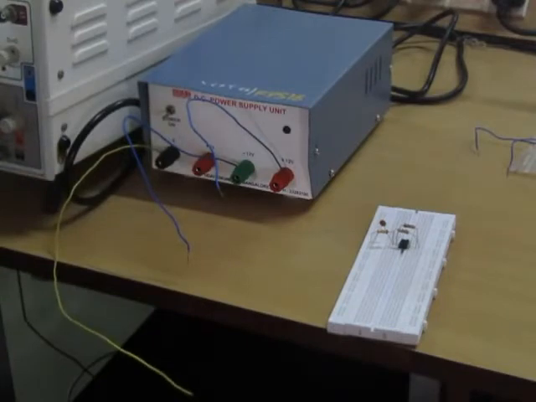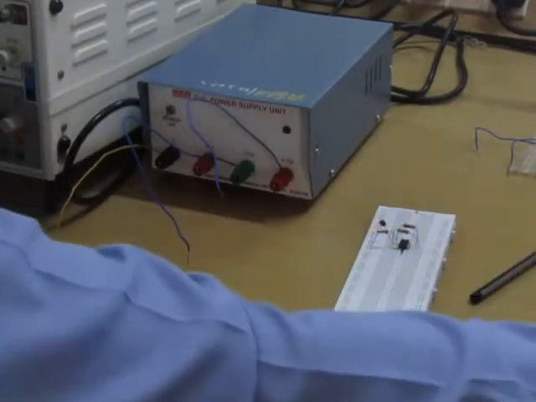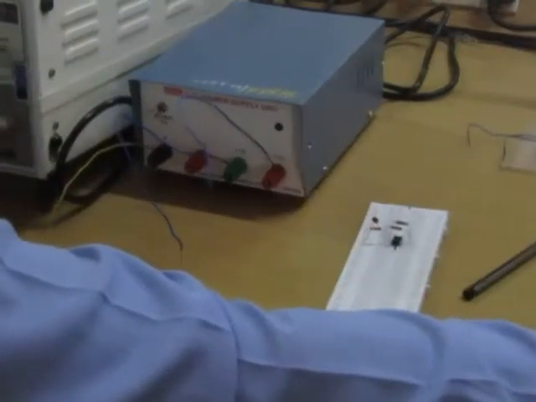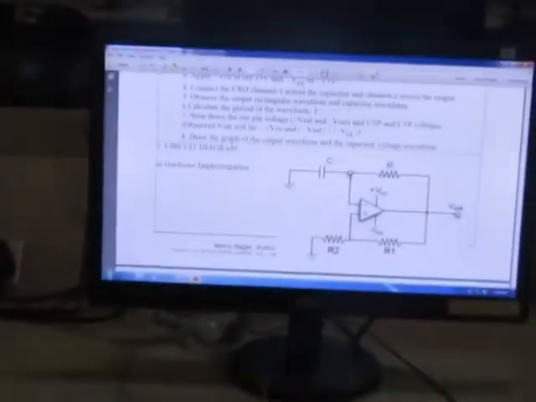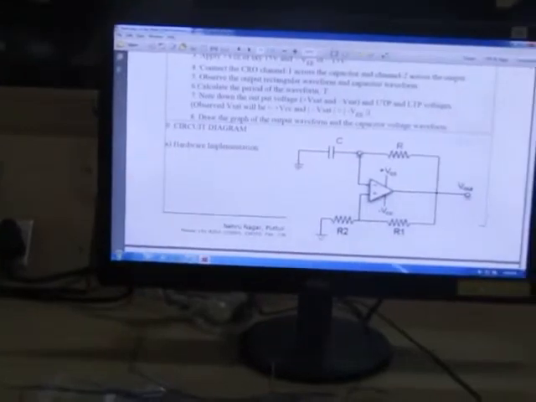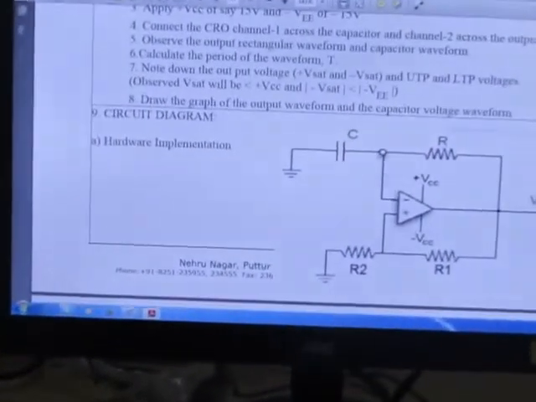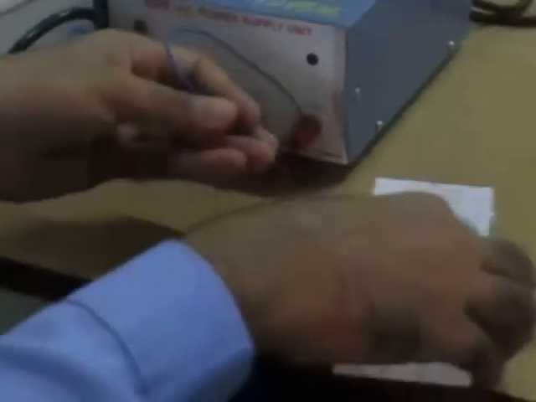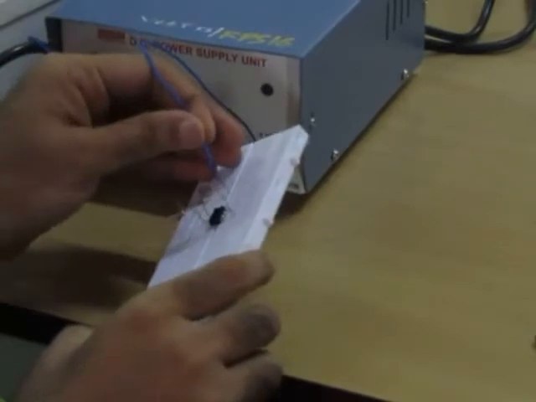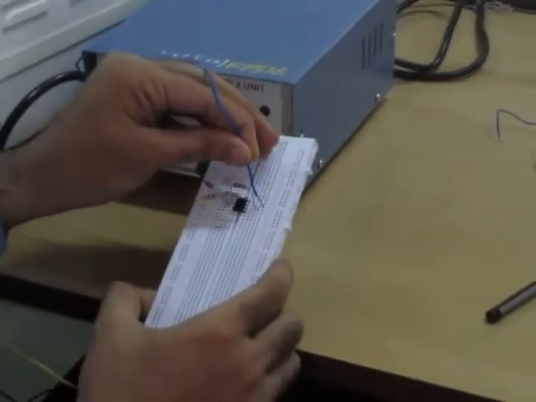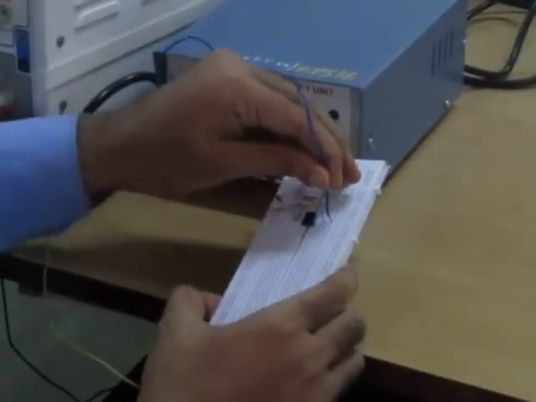Right, so if you refer to this figure, pin number 7 is connected with the plus VCC, and pin number 4 is connected with the minus VCC. So we are going to use this plus 12 volt, that is plus VCC, to pin number 7. You can see that this is pin number 7 and we are going to connect like this.